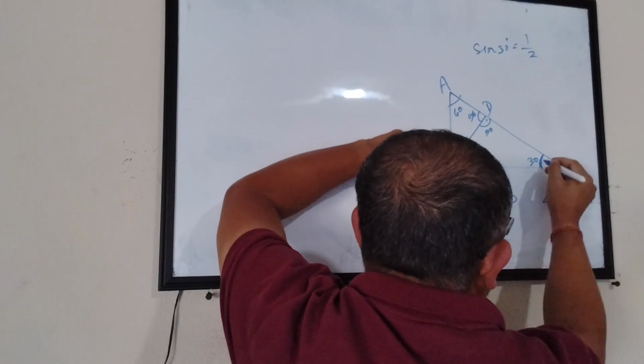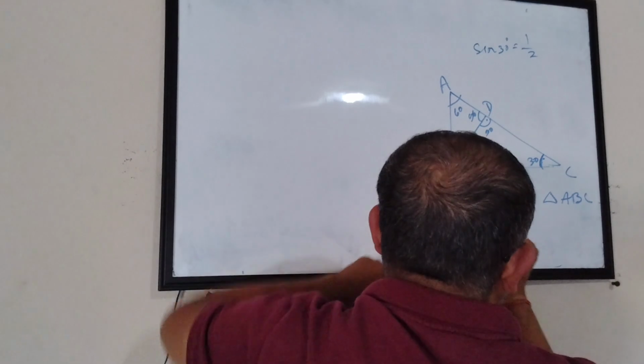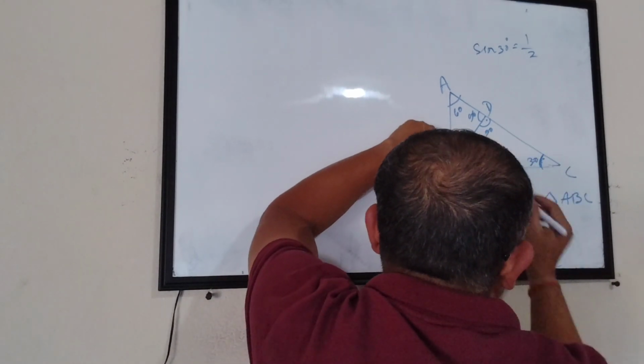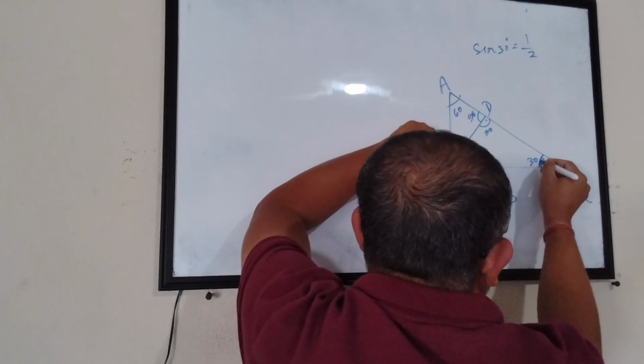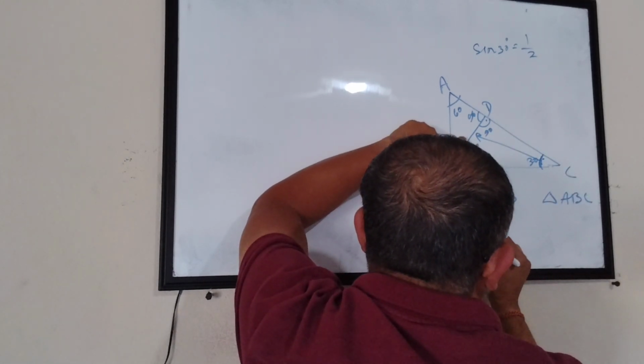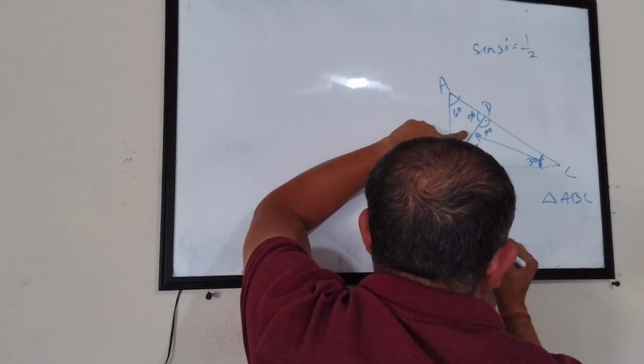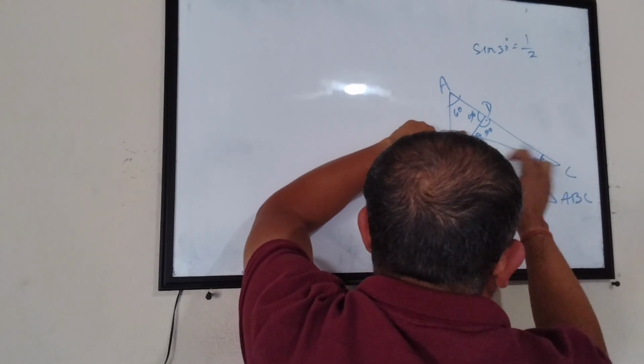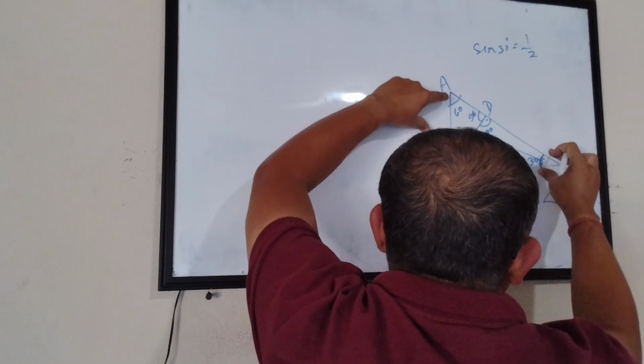If I look at the smaller triangle BCD, we are talking about the small triangle. So BD divided by, the 30 degree in the larger triangle is this one.